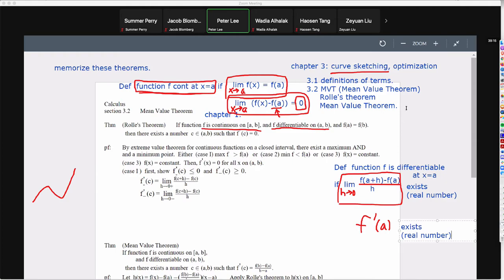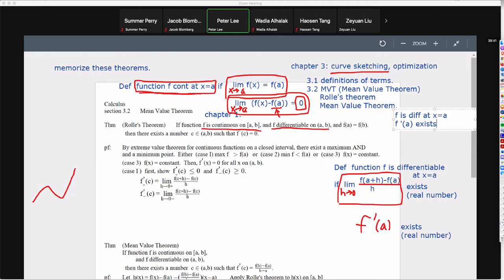Okay, so basically, when you say f is differentiable at x equals a, that's the same thing as saying f prime at a exists. That's what it means.